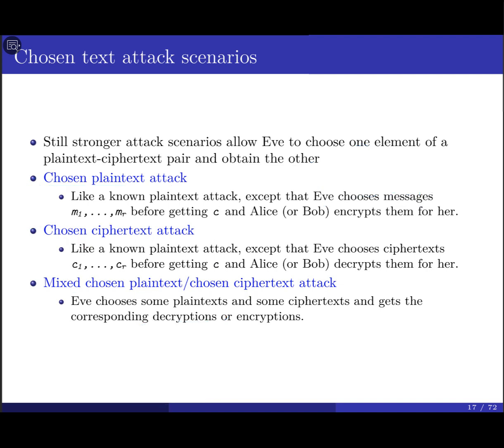I can choose M1 up to MR divided by 2 as the chosen plain text, send it to the server, and they're going to return C1 up to CR divided by 2. Then I choose the ciphertext from CR divided by 2 plus 1 up to CR, send it to the system, and they're going to give me the corresponding plain text.